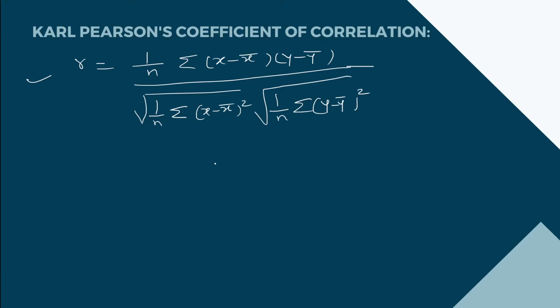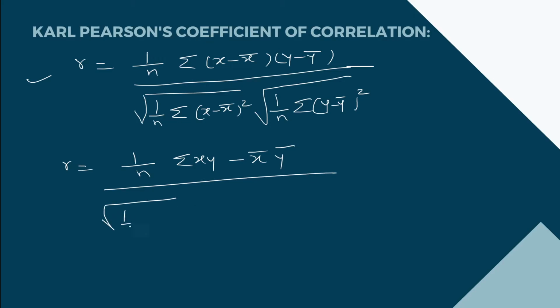In order to calculate the numerical problems, we will simplify this formula further as r equal to 1 upon n summation xy minus x bar into y bar divided by under root 1 by n summation x square minus x bar square, into under root 1 by n summation y square minus y bar square.